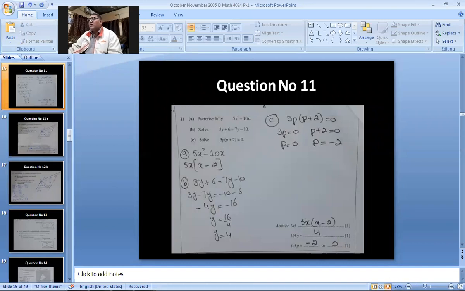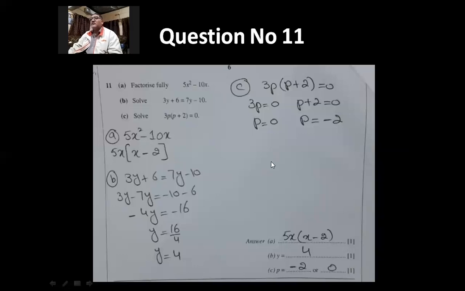Here you are supposed to factorize. I hope you understand this is how this is factorized. And in the B part, you see we brought the y terms on the same side, and I found the value of y.